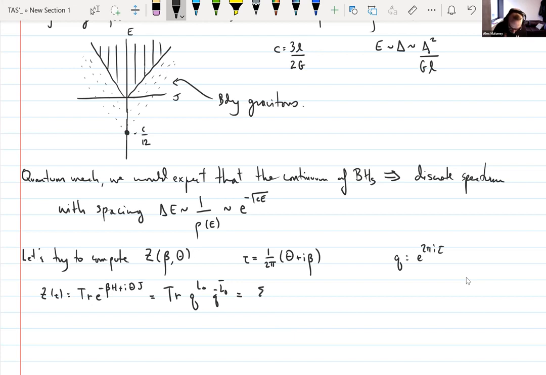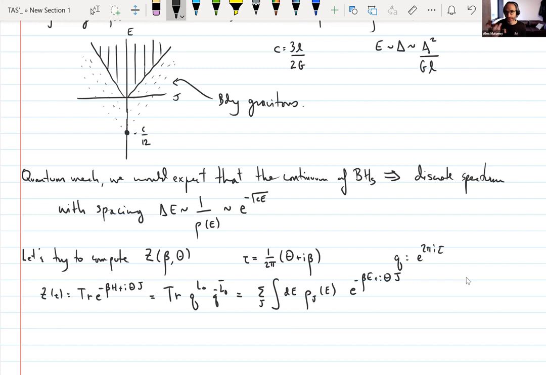In particular, it would give me a density of states that I would write as some density rho that depends on E as well as on spin J. In particular, I've written this sum as a sum over J and an integral dE because angular momentum is automatically quantized, right?